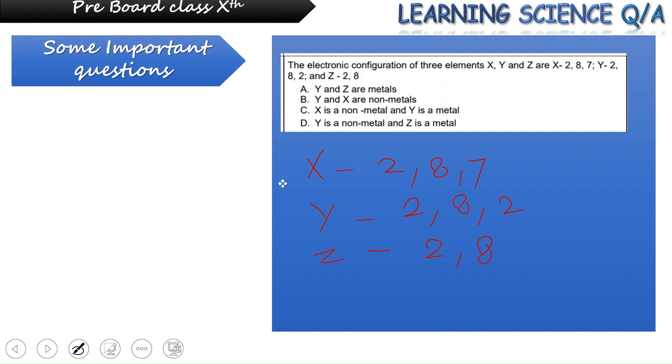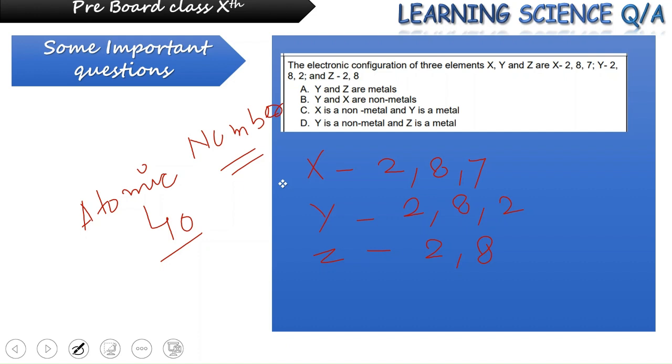For these kind of questions, it is very important that you must know element names at least up to atomic number 40. Still, if you have not learnt it, we can solve this question by looking at their electronic configuration.